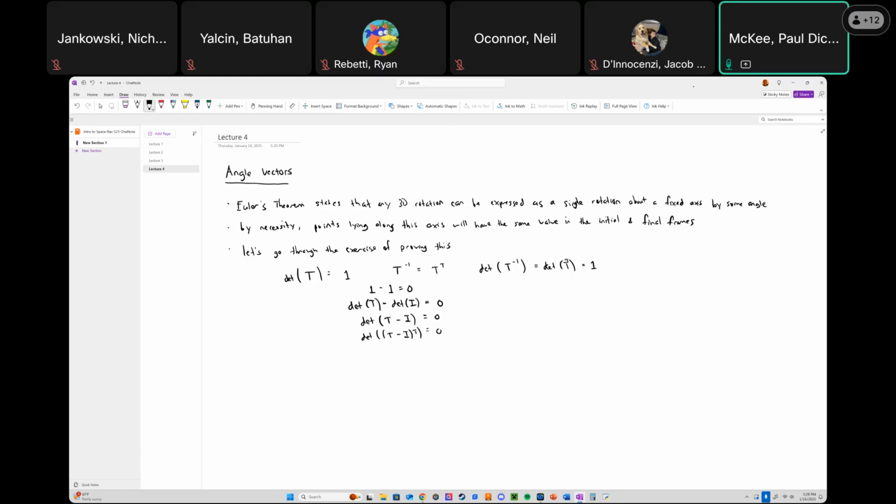Because taking the transpose of a matrix does not change its determinant. Then if you distribute this, that's the determinant of T transpose minus I transpose. But of course, the identity matrix, when you transpose it, doesn't change. So that's just this.